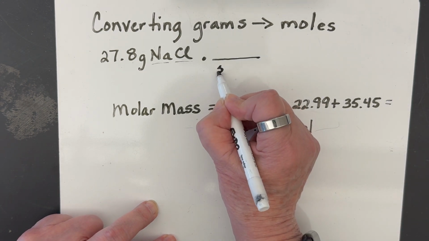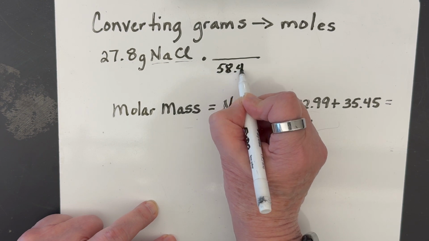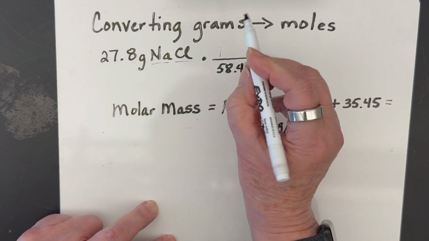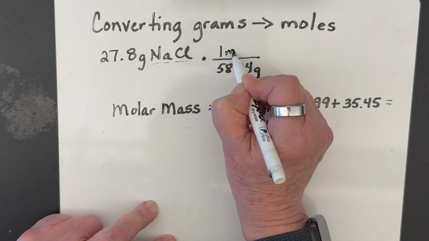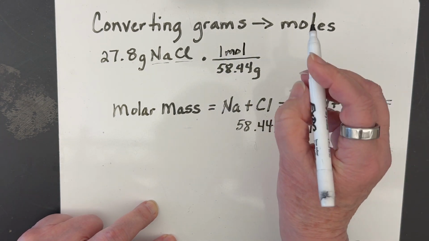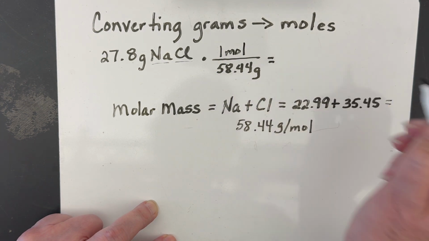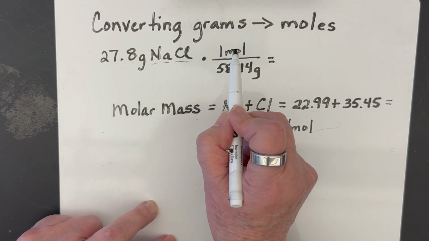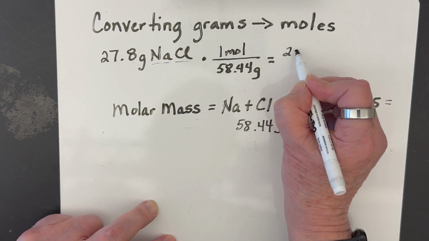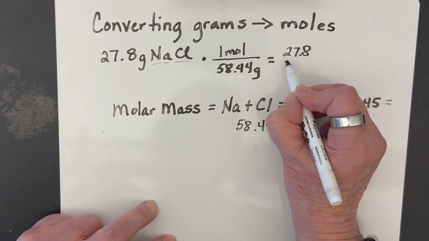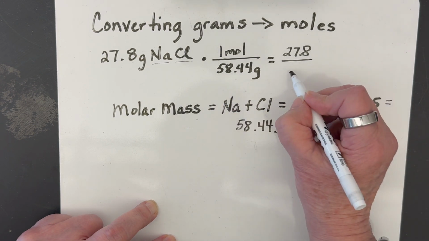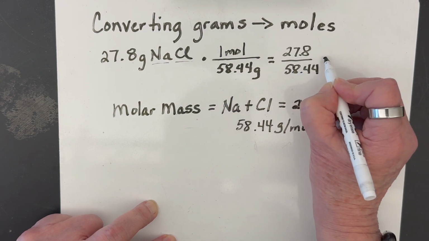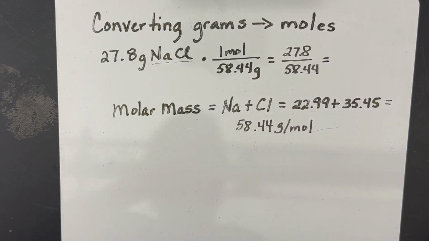So we're going to put our 58.44 grams on the bottom, and that's how many grams are in one mole of NaCl. So that means we're going to do 27.8 times 1, which is just 27.8, and divide by 58.44. Don't worry about sig figs until the end.